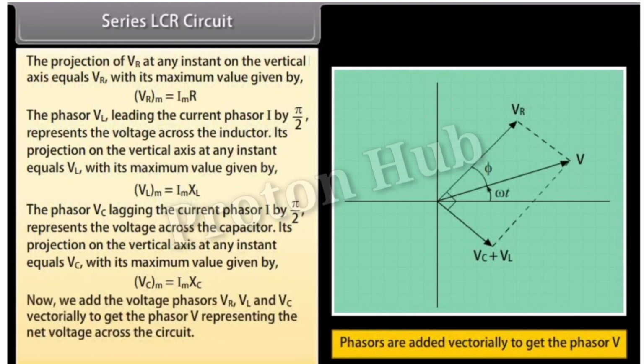Now, we add the voltage phasors VR, VL and VC vectorially to get the phasor V representing the net voltage across the circuit. Vm is equal to under root of VR maximum square plus VC maximum minus VL maximum square.